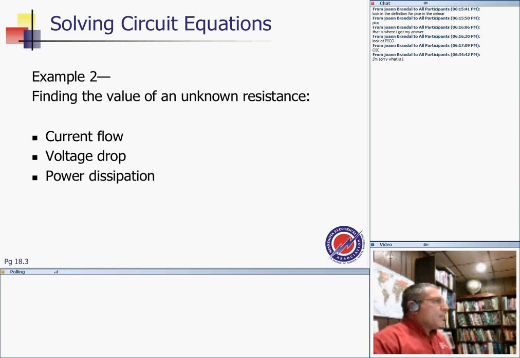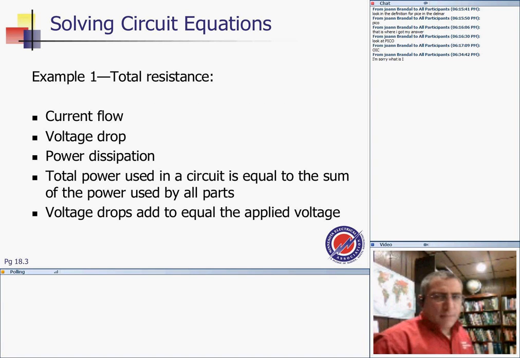Okay, so we have an example, guys. Let me see what we have, my examples. Okay, here you go. We have an example that we will go over and find a few things.